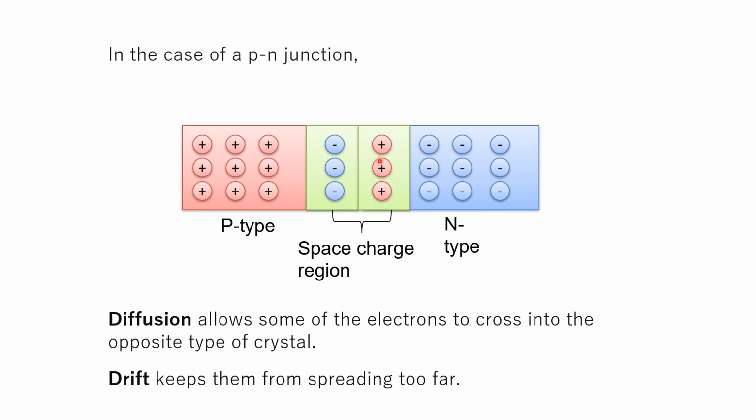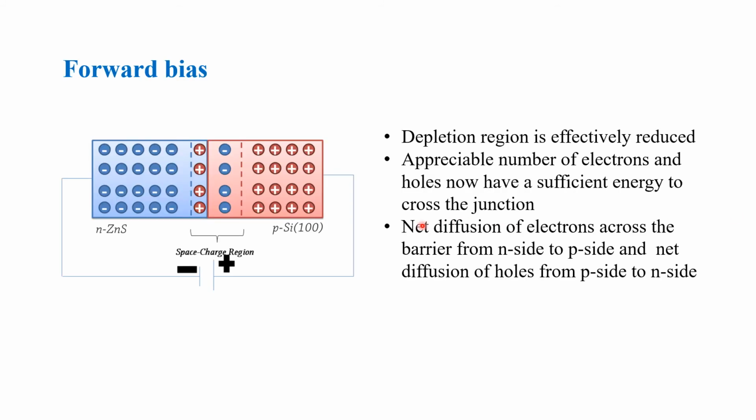Now drift keeps them from spreading too far away. In the forward bias configuration, the depletion region, or the space charge region here, is effectively reduced, and you have an appreciable number of electrons and holes that now have sufficient energy to cross the junction.